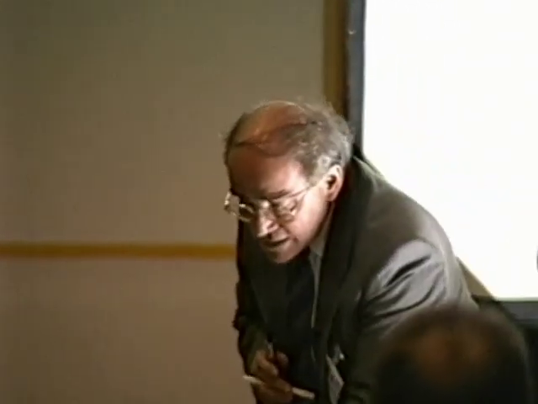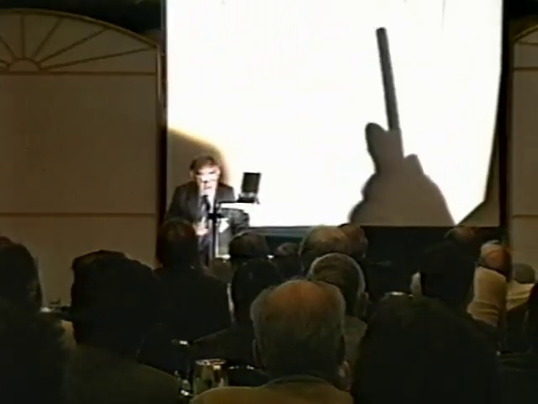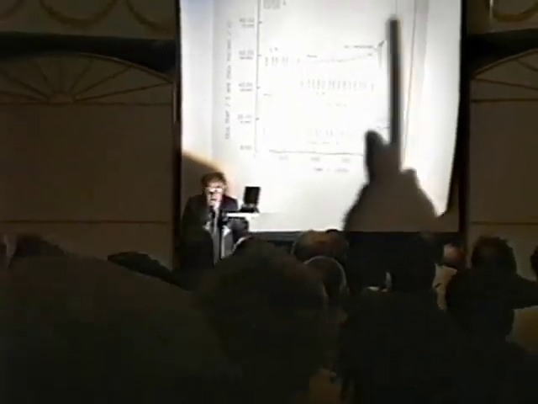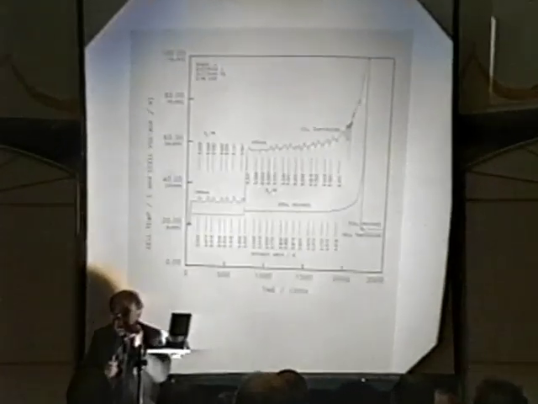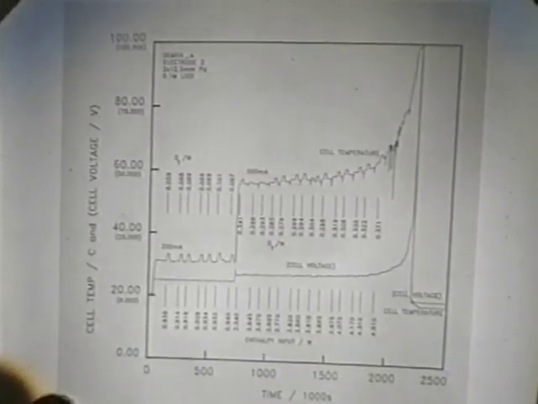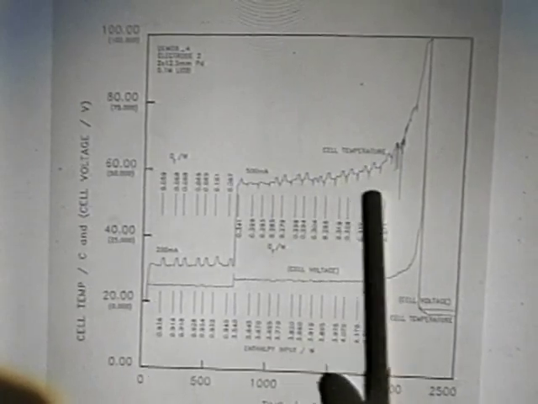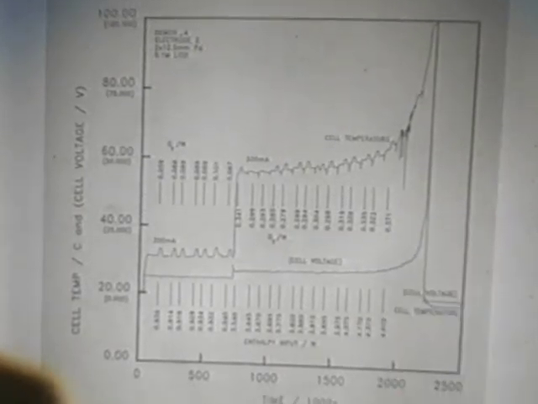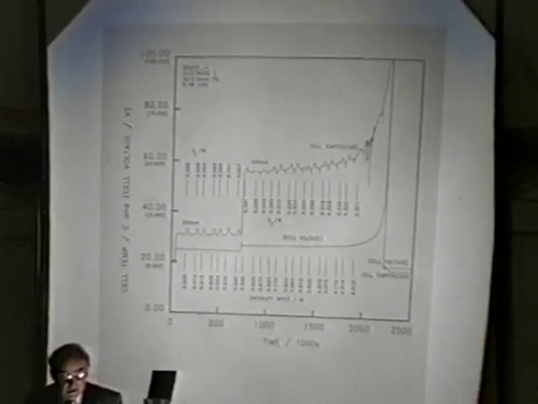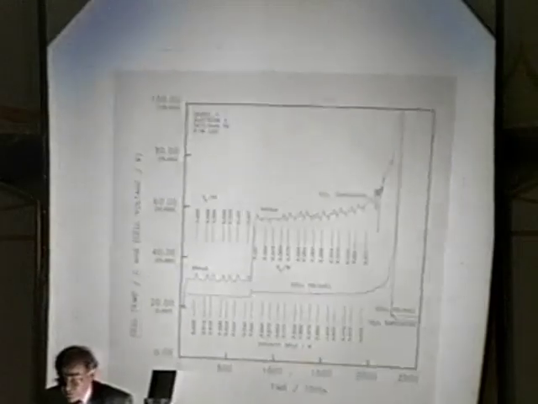The message we would like to leave with you is that if you design the system so that you can look for the presence of the positive feedback, then when the system signals you that it has gone through this transition region characterized by positive feedback, if you then let the temperature rise, you will surely achieve high levels of excess heat generation at the boiling point of the electrolyte. Thank you.